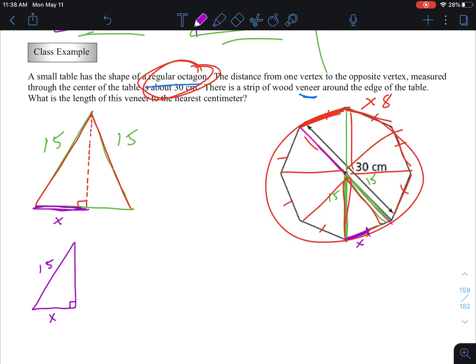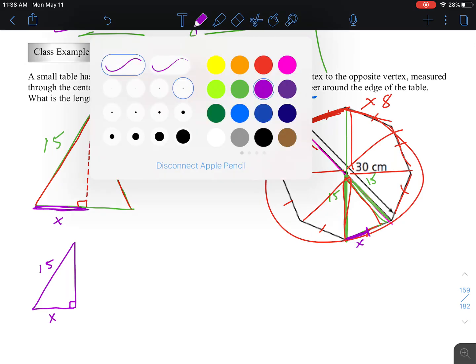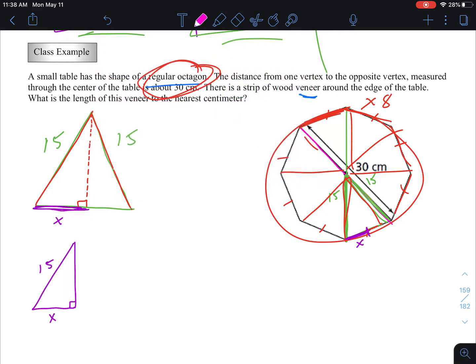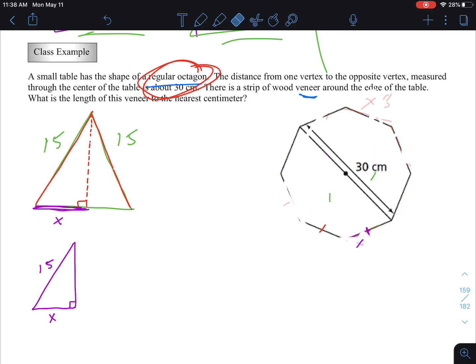Okay, so now let's go back to the big picture. Let's look at the whole table as a whole. I'm just going to erase some stuff here because it'll be easier for you to look at now. If I were to draw a circle around this shape, and you guys know the answer to this, what angle does a circle make? Well, it makes 360 degrees.